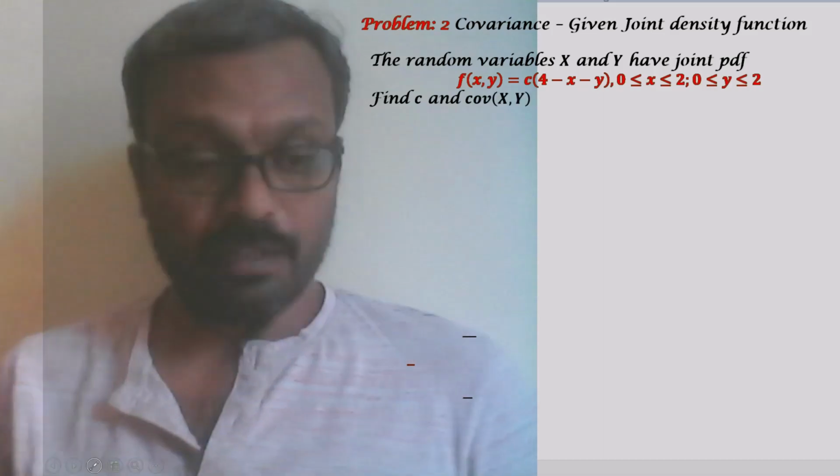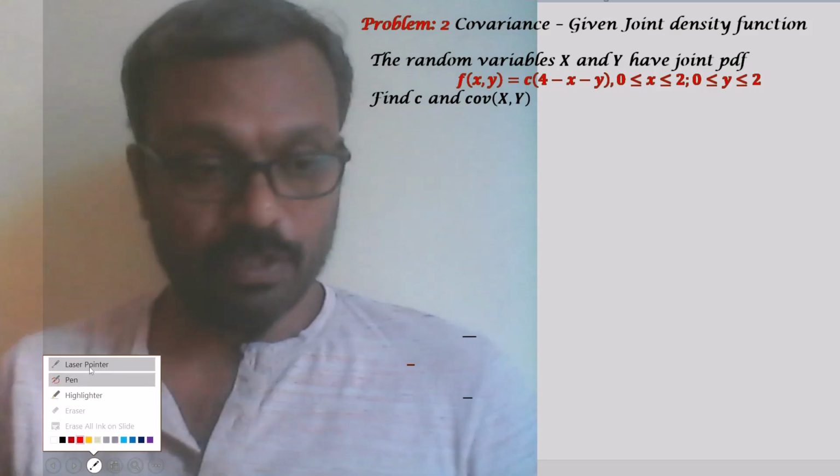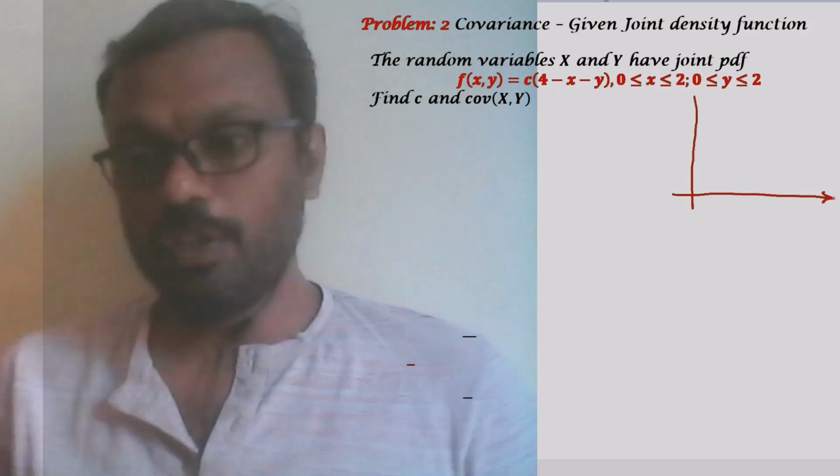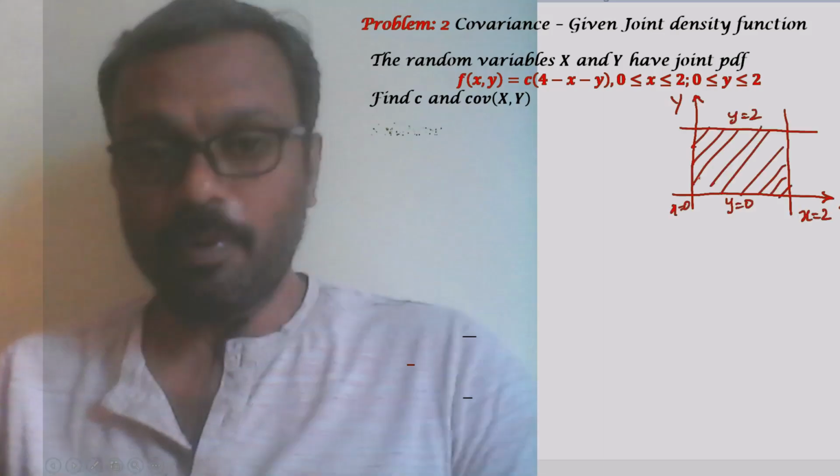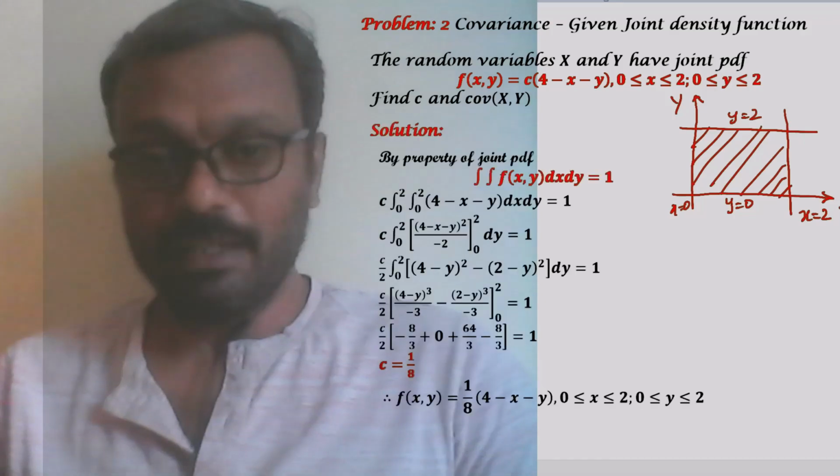So here we can even plot the domain. x varies from 0 to 2 and y varies from 0 to 2. So this is x is equal to 2 and the y axis x is equal to 0. Similarly, the x axis y equal to 0 and this is y equal to 2. So this is going to be the domain of the two-dimensional random variable. Now let's apply the property of the joint density to get the value of c.